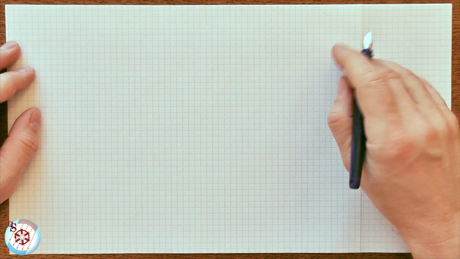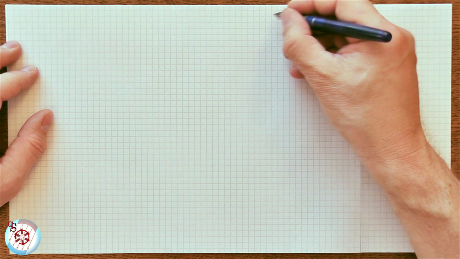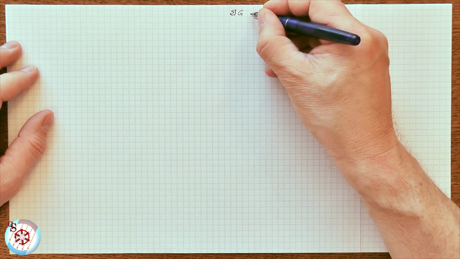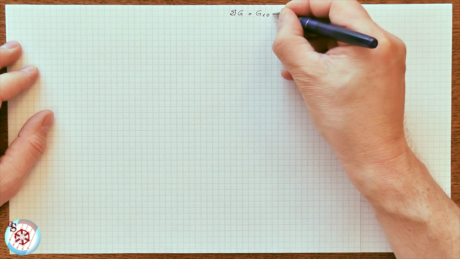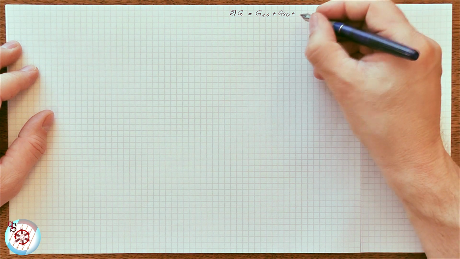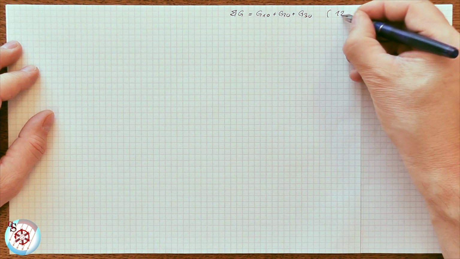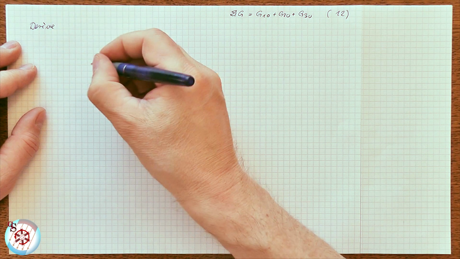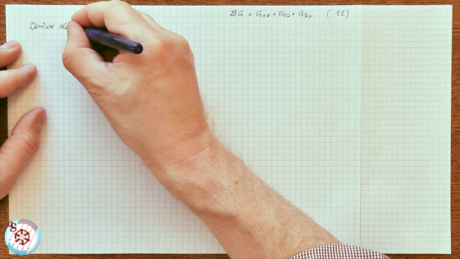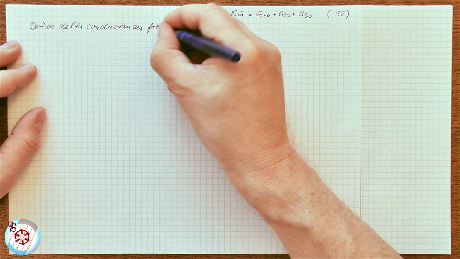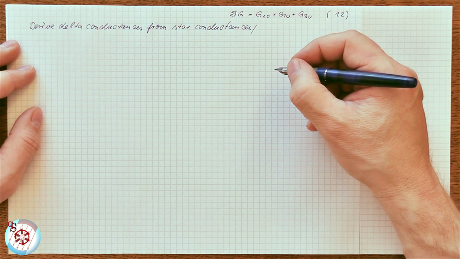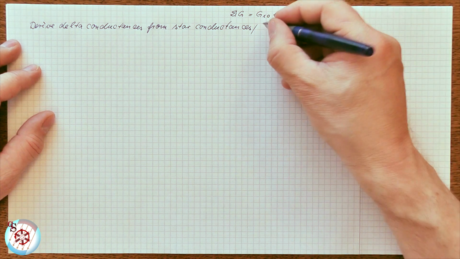So again, we can use the sum of those three conductances and define them as the sum of G, and that's G10 plus G20 plus G30, and that's equation 12. So let's derive now those delta conductances from the star conductances. In other words, that's solving for G12, G23 and G13.